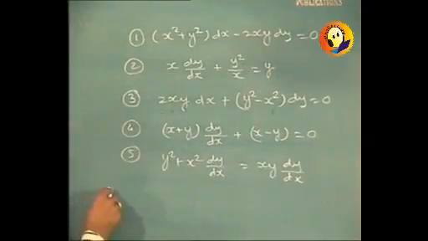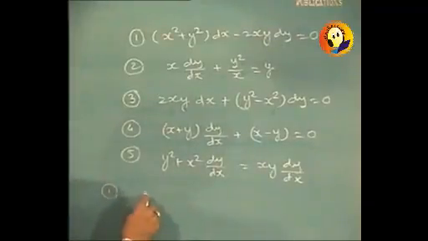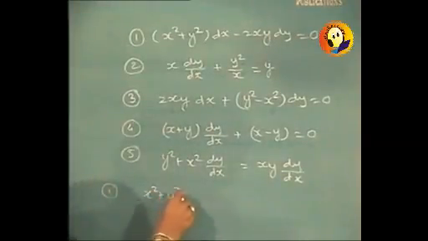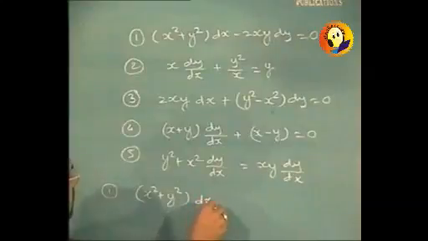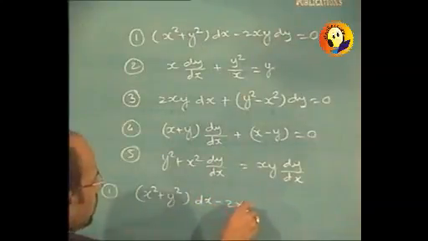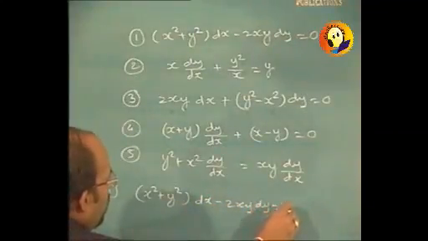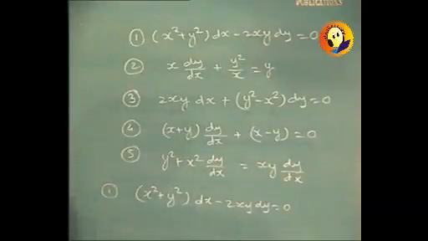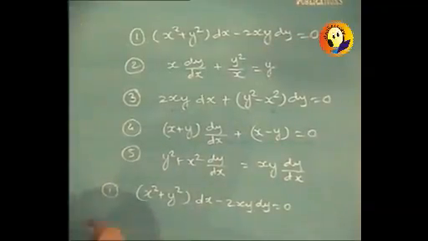Let us solve the first problem. It is x square plus y square dx minus 2xy dy equal to 0. It should be written in the form dy by dx equal to.